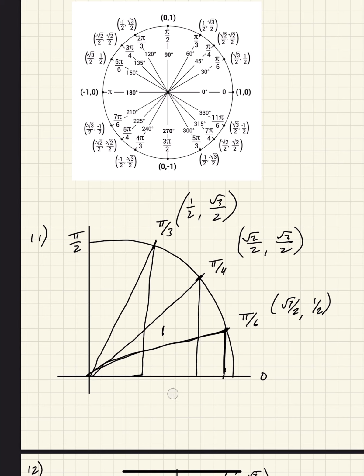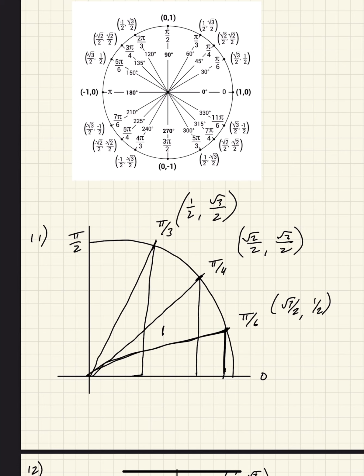This middle triangle is going to have a height of root 2 over 2 and a length of root 2 over 2. And then finally, our pi over 3 triangle is going to have a width of 1/2, but a height of root 3 over 2.